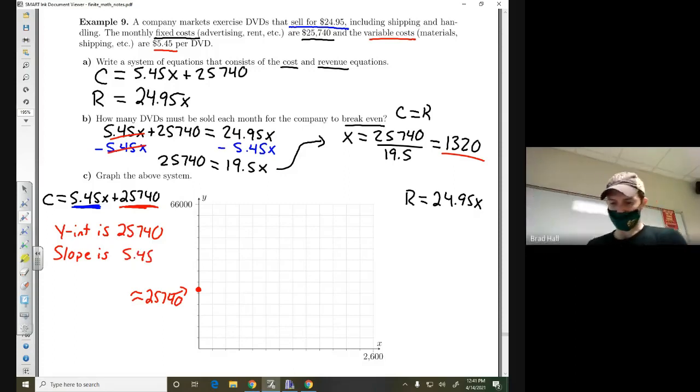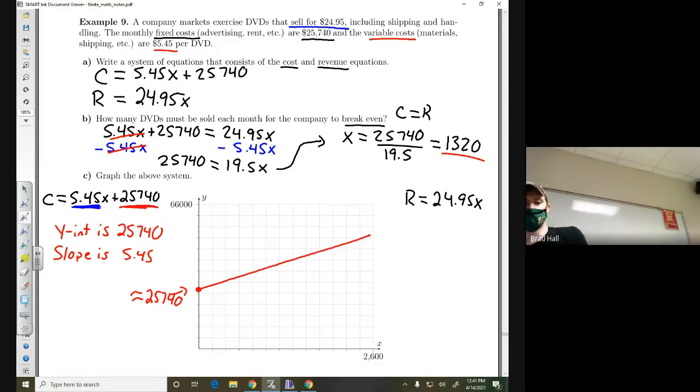Again, it doesn't have to be perfect. So we get some sort of upward slant, which I'm resembling here. And because the number is fairly small, the slant's not going to be very steep. If that number was 20,000, then the slope would be slanted a lot more.